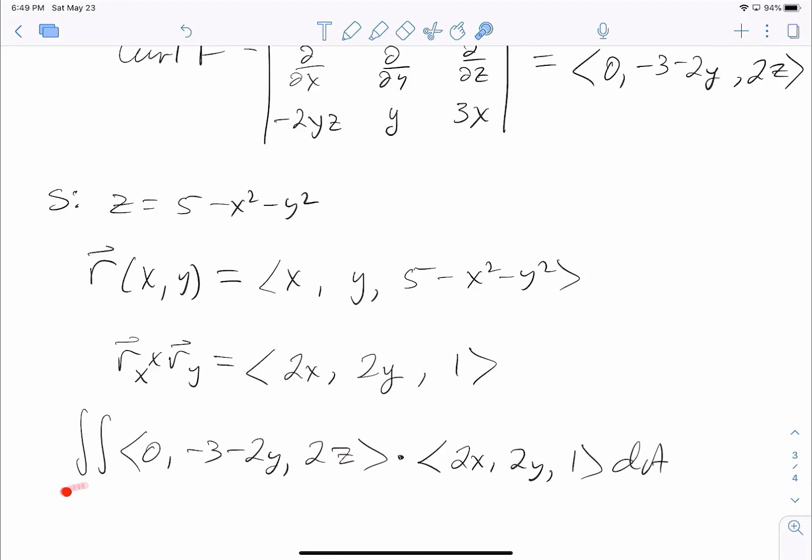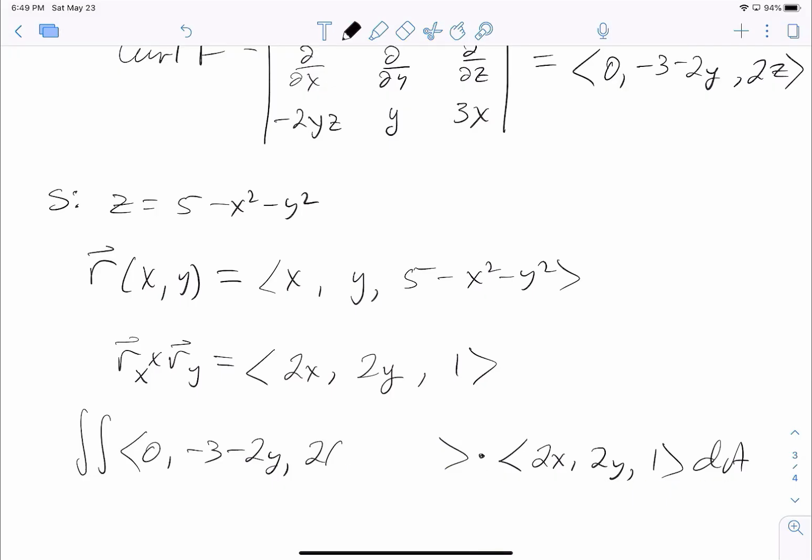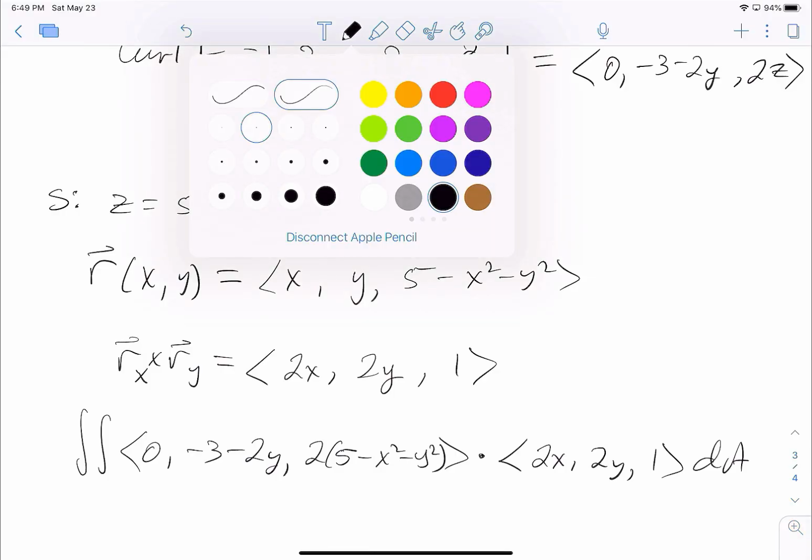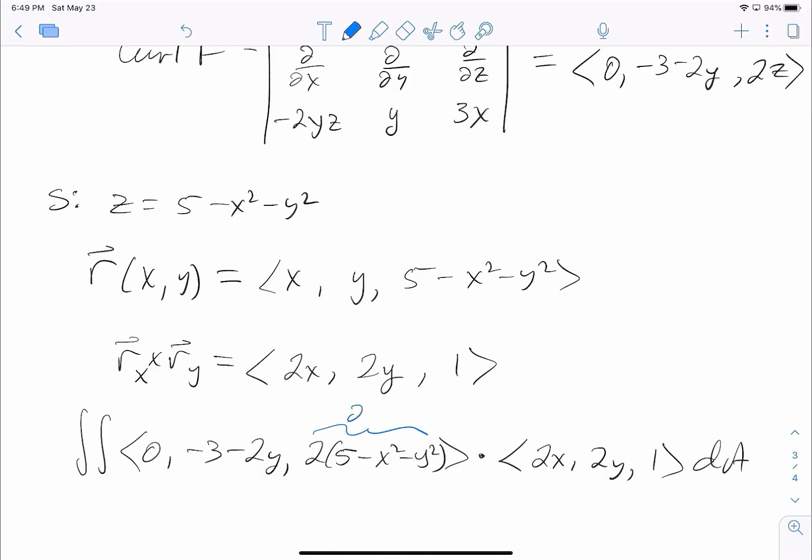Now before we get to those limits, we do have a problem here because we've written 2z, but we need to have everything in terms of only two variables. We have a double integral. Therefore, we're going to replace that z with 5 minus x squared minus y squared. So that's how we're using the function and replacing 2z.